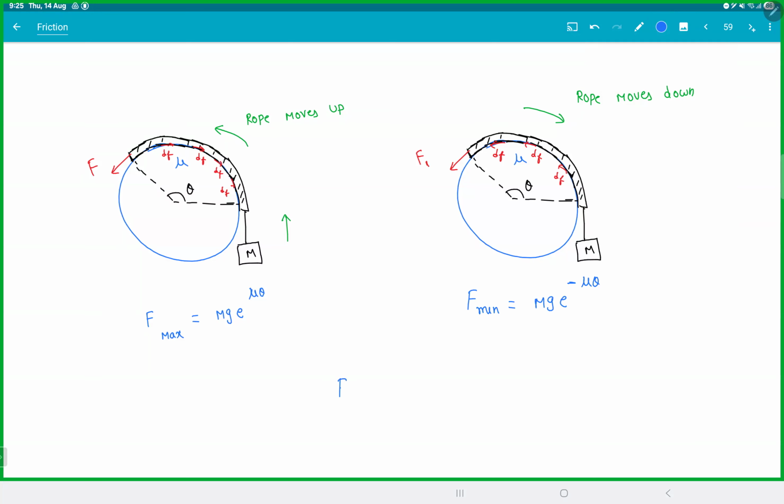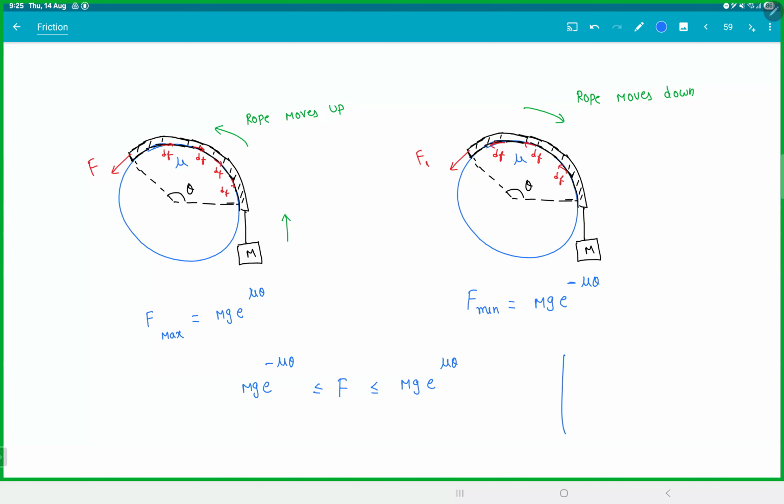That means your value will lie between mg e power mu theta and mg e power minus mu theta. And do you know how big this value is? This value can go to really high values.